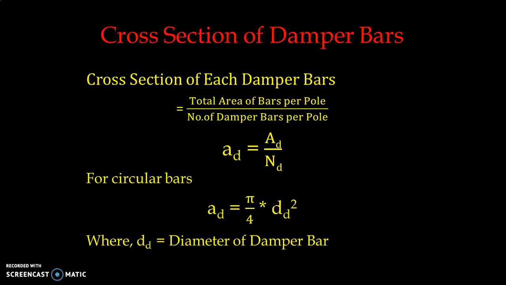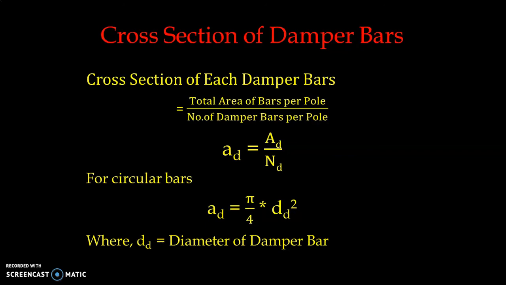So in damper winding design, as I said earlier, we require the length of the damper bar, the number of damper bars to be used, the total area of the damper winding, the area of each individual damper bar, and ultimately the diameter of each individual damper bar.